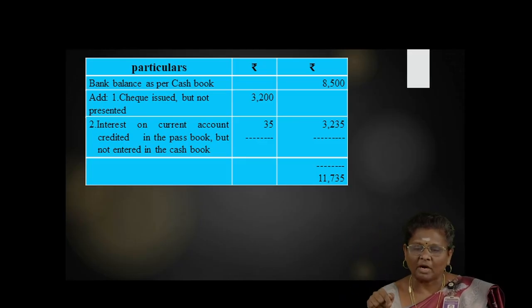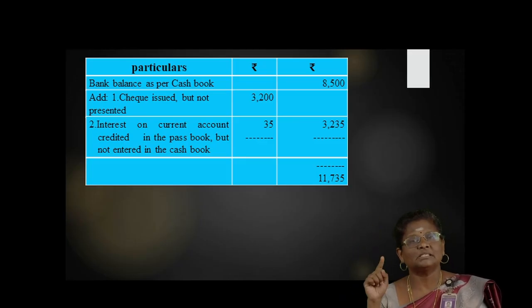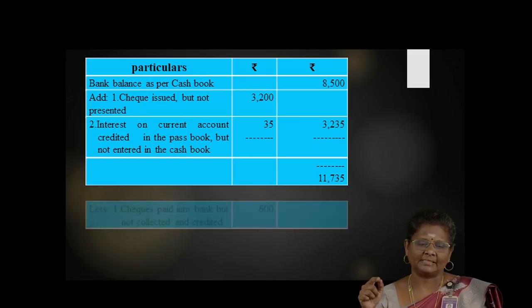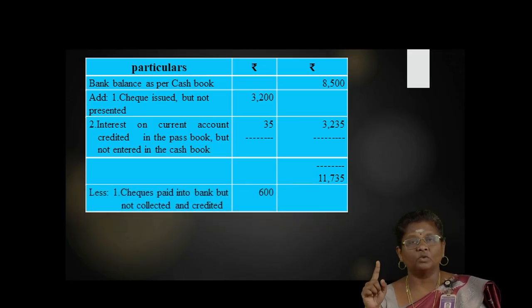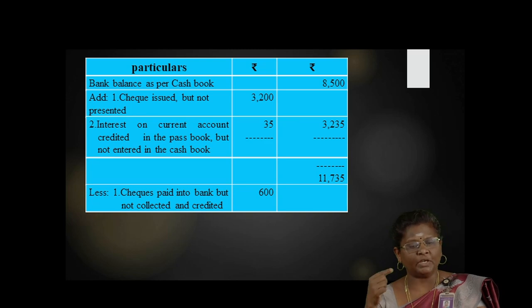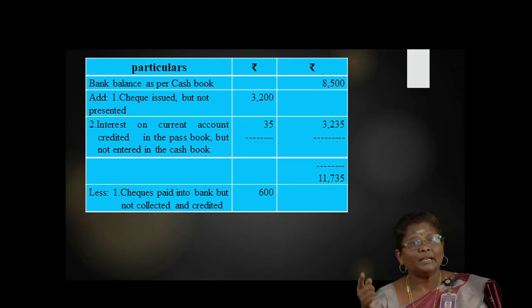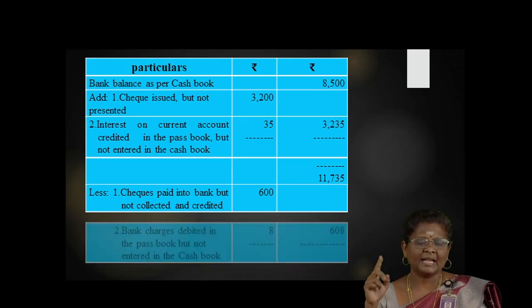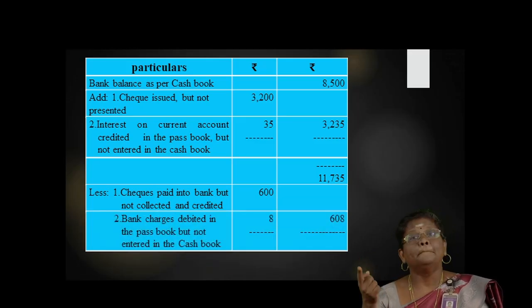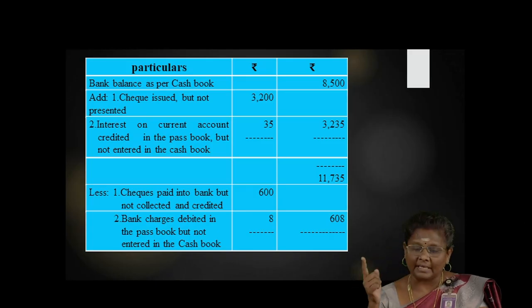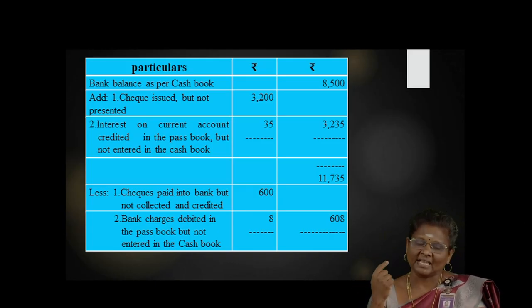So the total amount is 11,735. Then we have to less the first amount, checks paid into bank but not collected and credited. So the 600 amount should be deducted. The second amount to be deducted is bank charges debited in the passbook but not entered in the cash book.